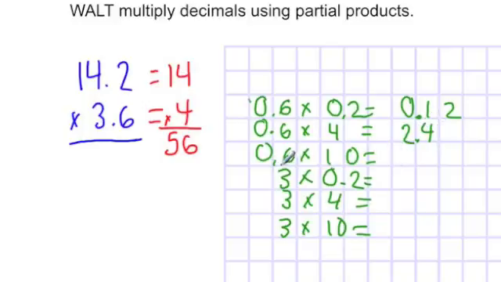Alright, 6/10 times 10 I should know is 6 when we think about moving that decimal over. Now we have 3 times 2 tenths is 6/10. This one is 12.